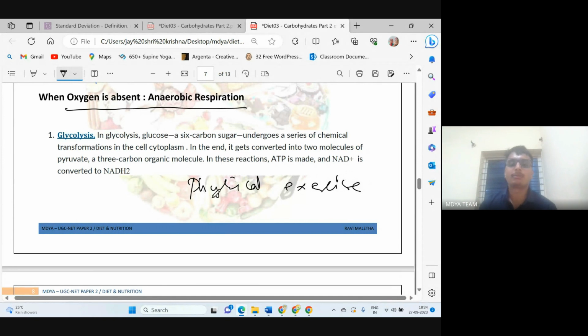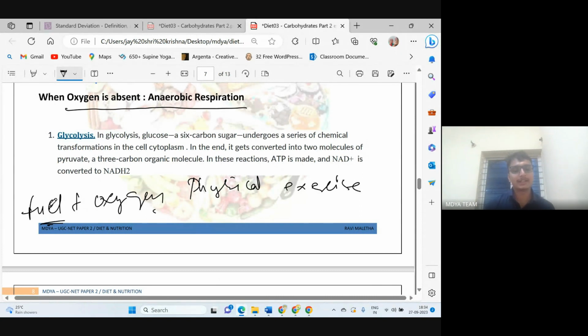In physical exercise, your body needs a lot of energy, and a lot of oxygen to break down glucose, but that oxygen supply is not optimum. That's why in yoga, pranayama is given very much importance, because there are two things: first is fuel, another is oxygen. Everyone has fuel in their body, in the form of fat and carbohydrate.